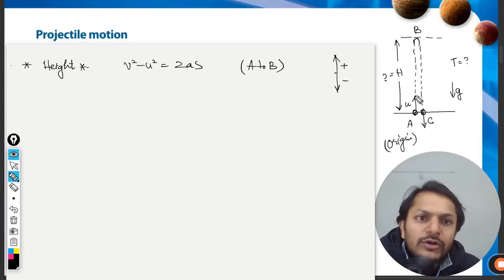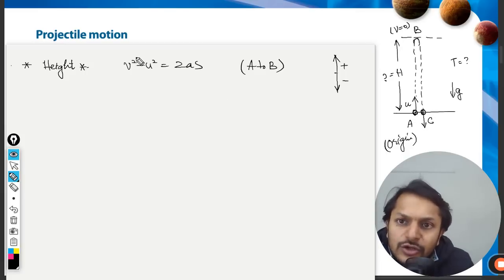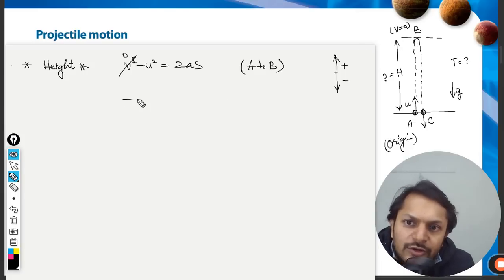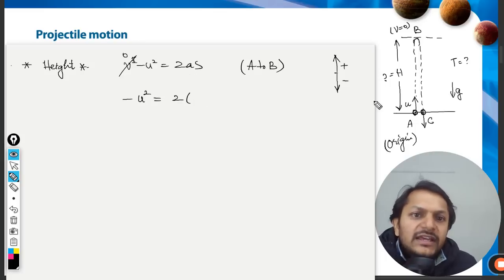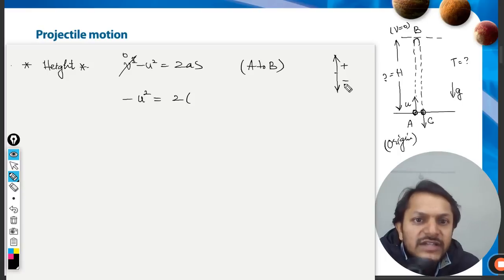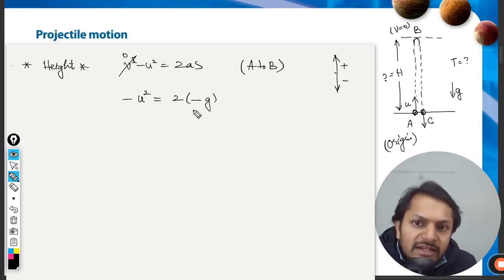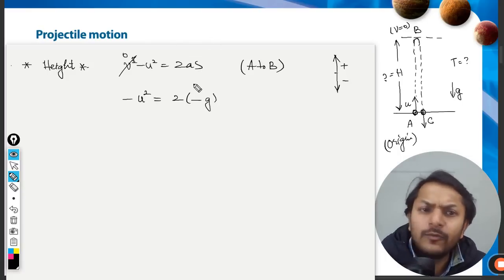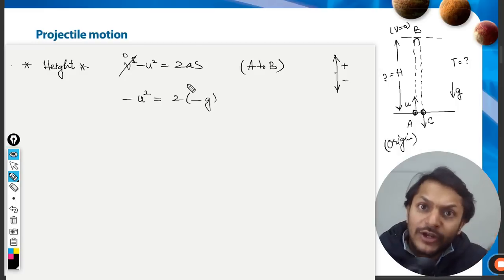So if I talk about A to B, obviously the final velocity is 0. So this time v is 0, so negative u square. Now the gravity is in the negative direction, by the sign convention, so it will be negative g. Where is the displacement now? Displacement will be chosen according to the origin.